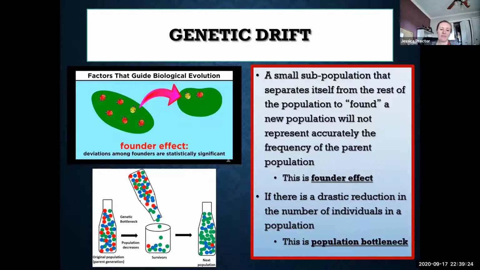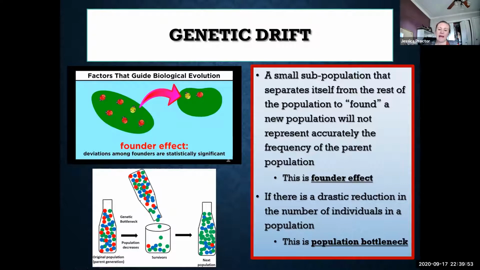For whatever reason, whether it was an environmental catastrophe, destruction of habitat, or poaching, there was some sort of random event that meant that only a few survived. Generation after generation, of course, the survivors continue to interbreed with each other, and your end result is a population that is predominantly those that have this green allele, with only a few of the blue and only one of the red left.